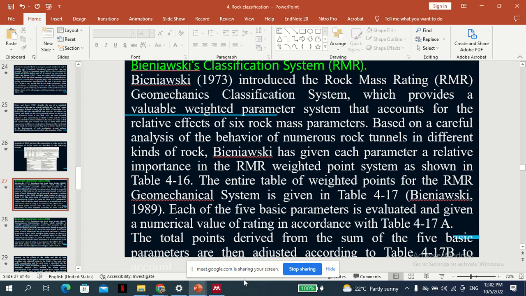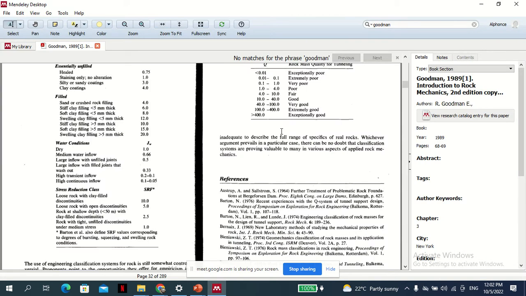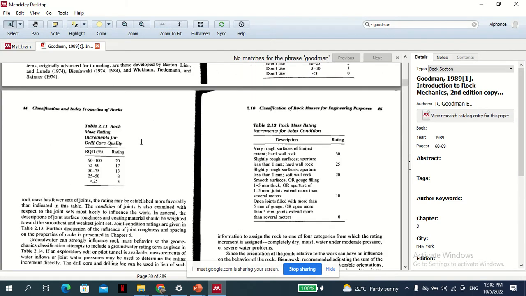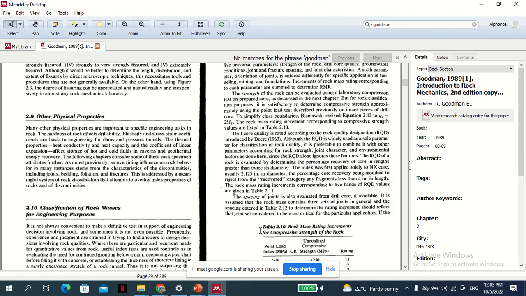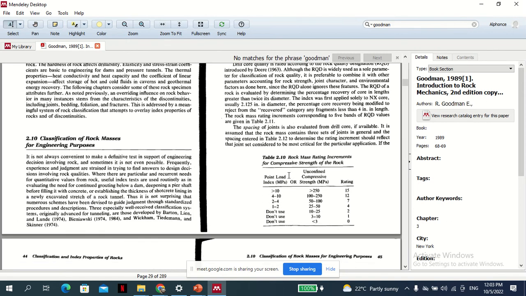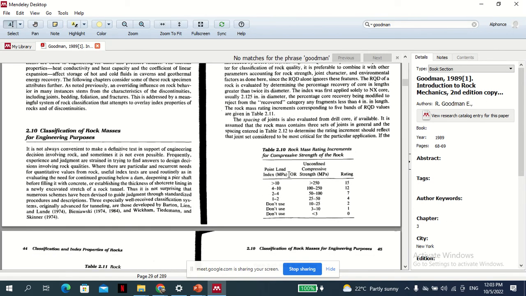I was saying the Bieniawski system, the RMR. I think it's better to explain here. One of the parameters for the RMR system is the strength, and you can see the strength has a total max of 15, for values greater than 250.